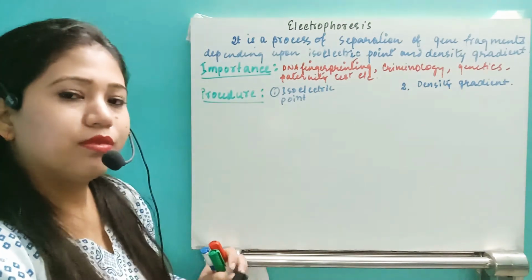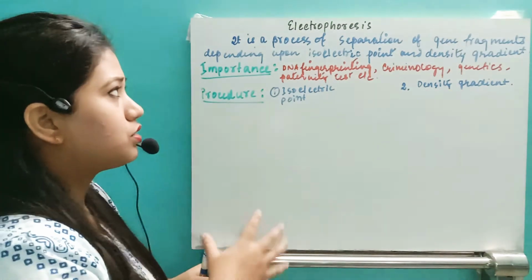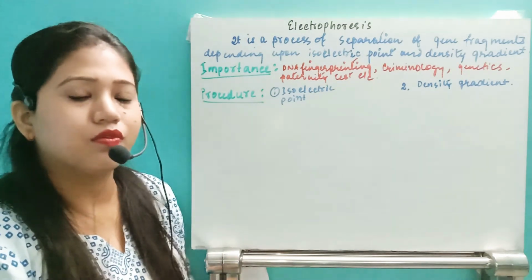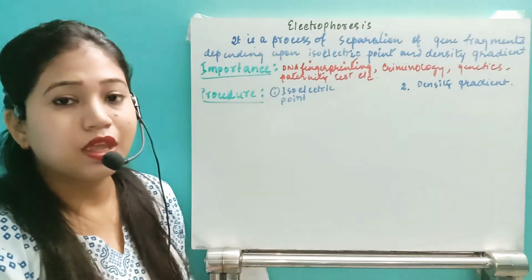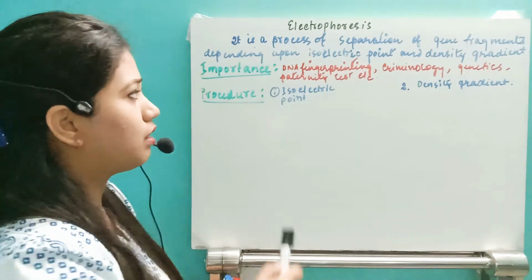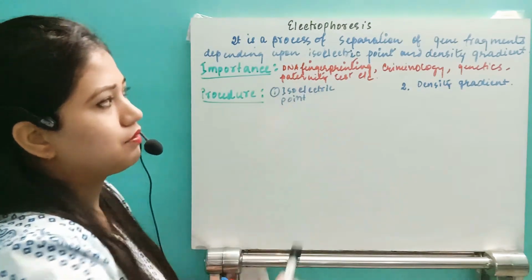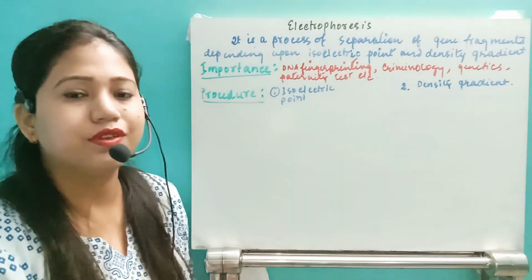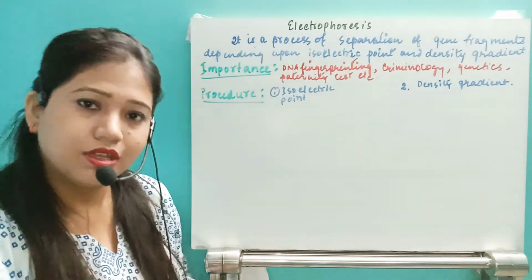Before coming to the point, we need to know the importance, why we go for the electrophoresis process. Yes, it is helping in lots of processes like DNA fingerprinting. You know that in every individual we have different fingerprints.